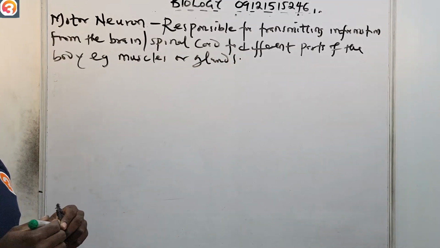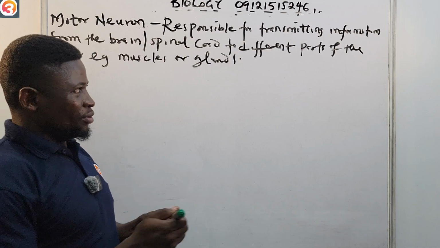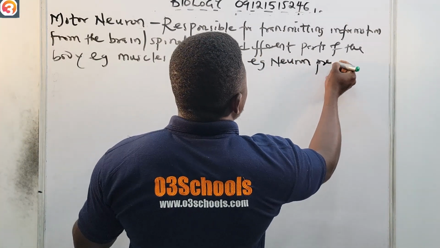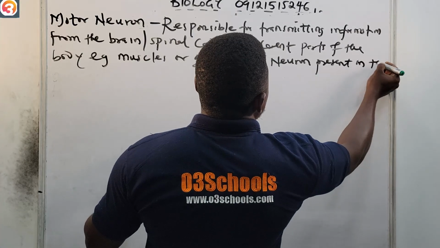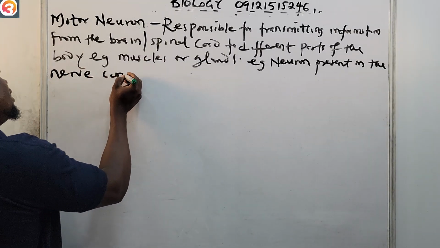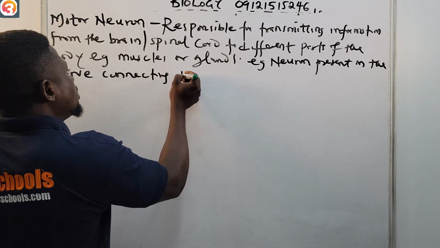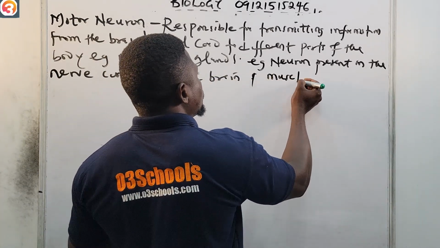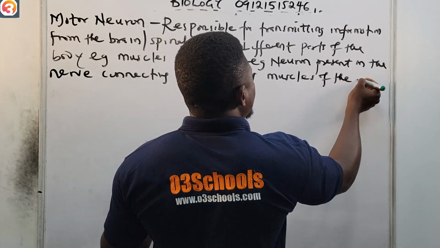A very good example is the neuron present in the nerve connecting the brain and muscles of the arm.